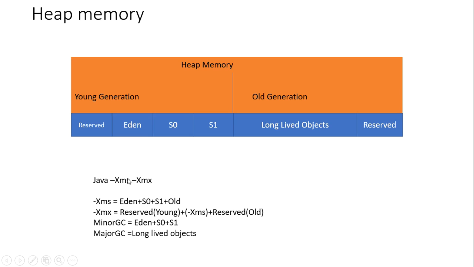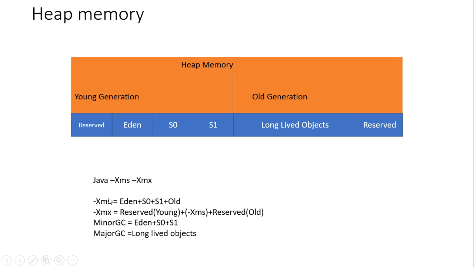When you run your Java program and want to increase your heap memory, you will set -Xms and -Xmx. -Xms is your initial heap memory, and -Xmx is your maximum heap memory.